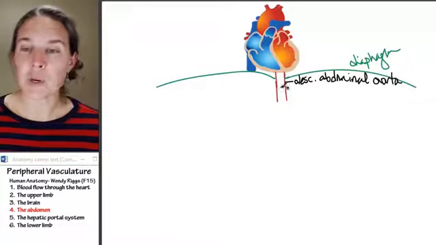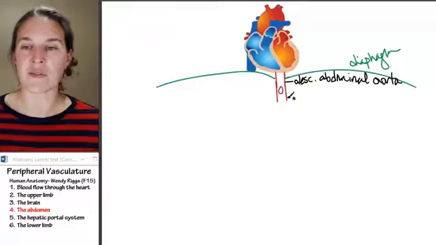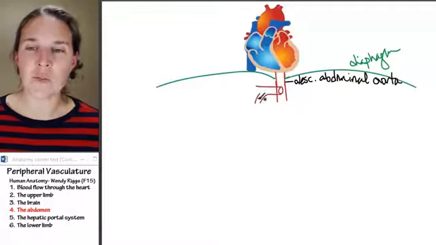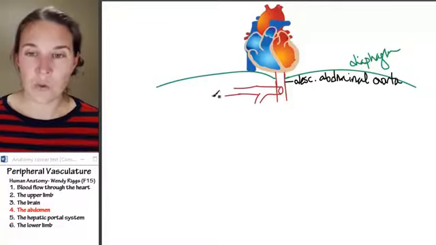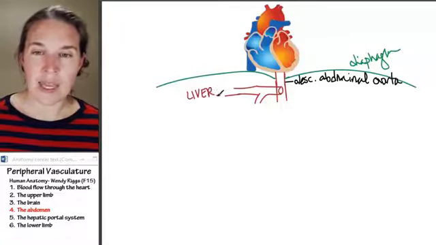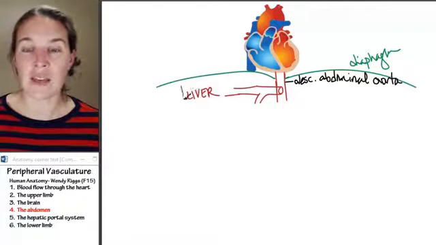The first branch is a single vessel, so I'm drawing it as a single guy coming off, and it actually has 3 big branches, but for our purposes, we're only going to name one of the branches, and we're going to send that branch to the liver. And I must make it purple to indicate that we've got some capillary action going on here.